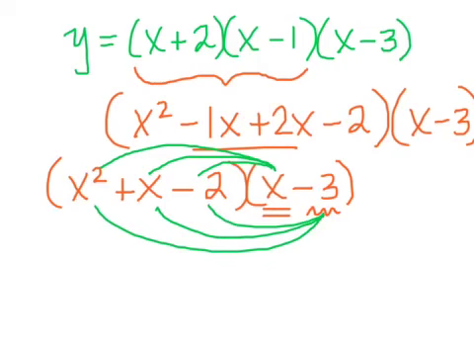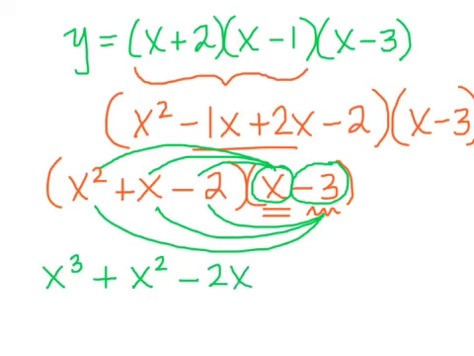And it's like a double distributive property. You do it once with the x and once with a -3. So first we're going to take the x and multiply it by each one. We're just kind of looking at distributive property backwards. So x to the third is x times x squared, plus x times x is x squared, and x times -2 would be -2x.